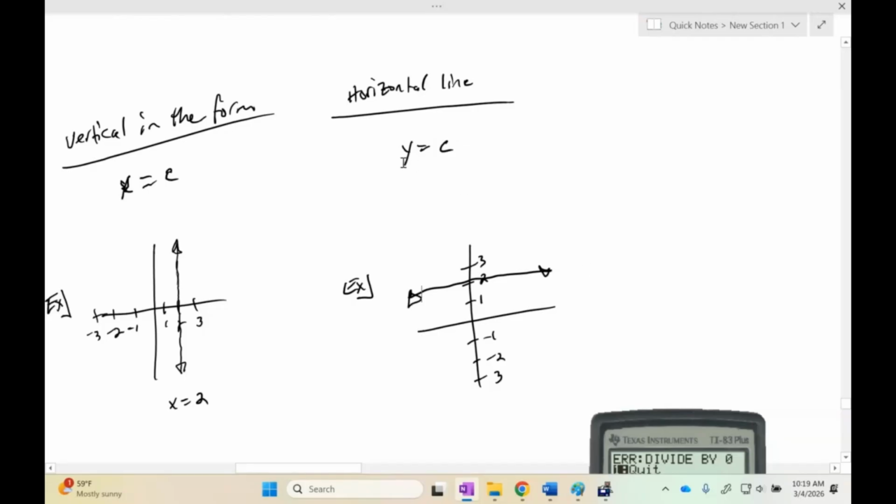Well, since it's a horizontal line, it has to be y equal to something. So I'm just going to simply look at the graph and see what that y value is hitting. So it should be +2. So that would have the equation y is equal to 2. So in a vertical line, there is no y variable, only an x. And in a horizontal line, there is no x variable, only a y.